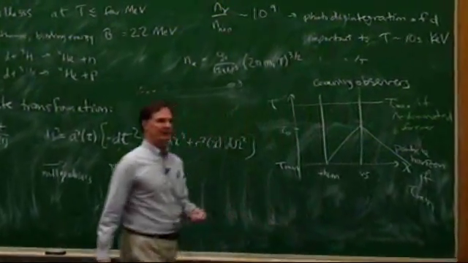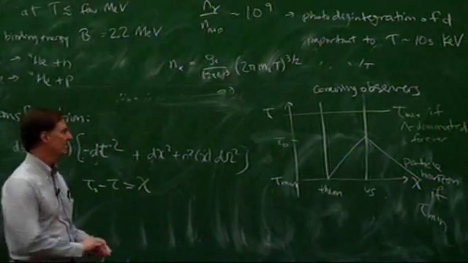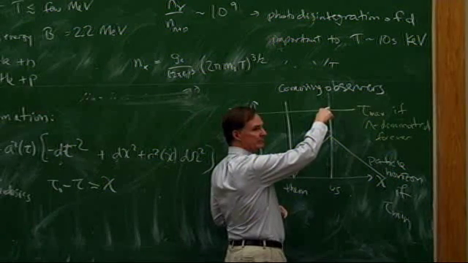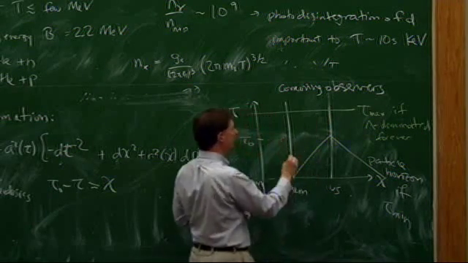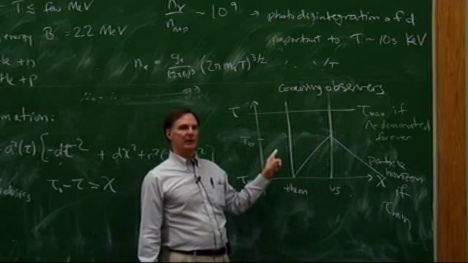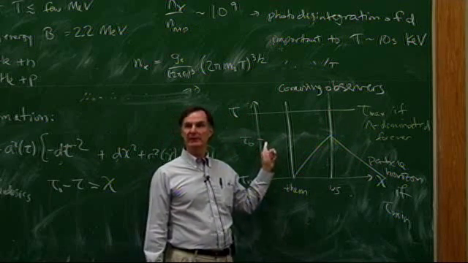And now we can ask an opposite question. As we approach this tau max, are there observers who can never send us information?